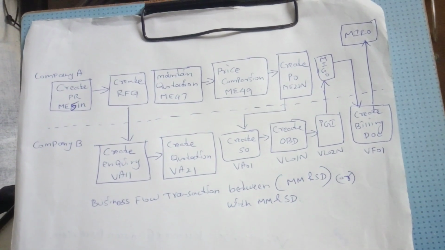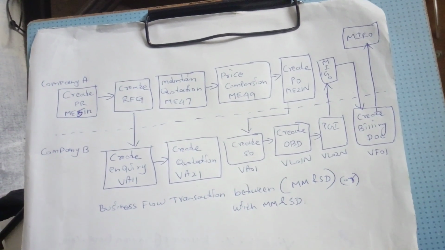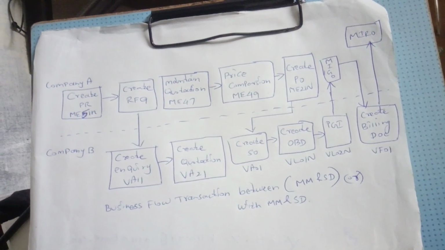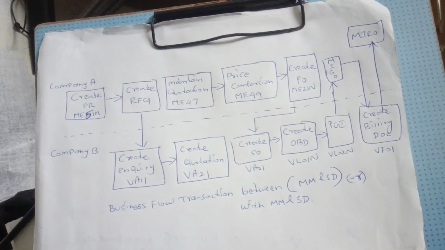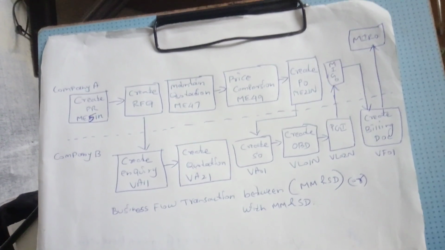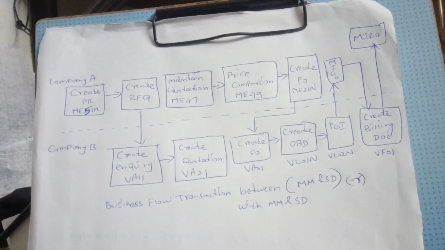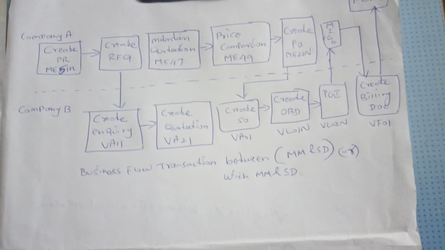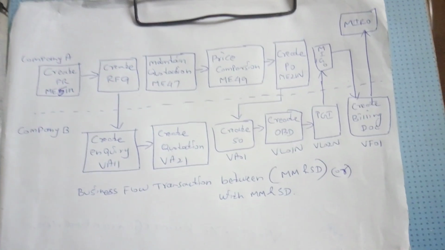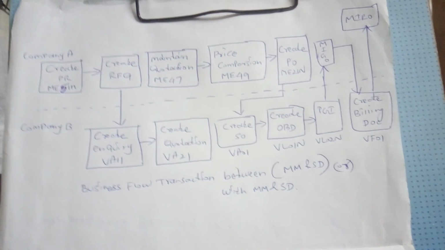So he will select the best supplier from the received quotations, and the buyer will decide which is the right vendor to buy a material. So for example, now in our case the company A purchasing person decides or confirms that company B, that is the vendor, is good for supplying some X material.